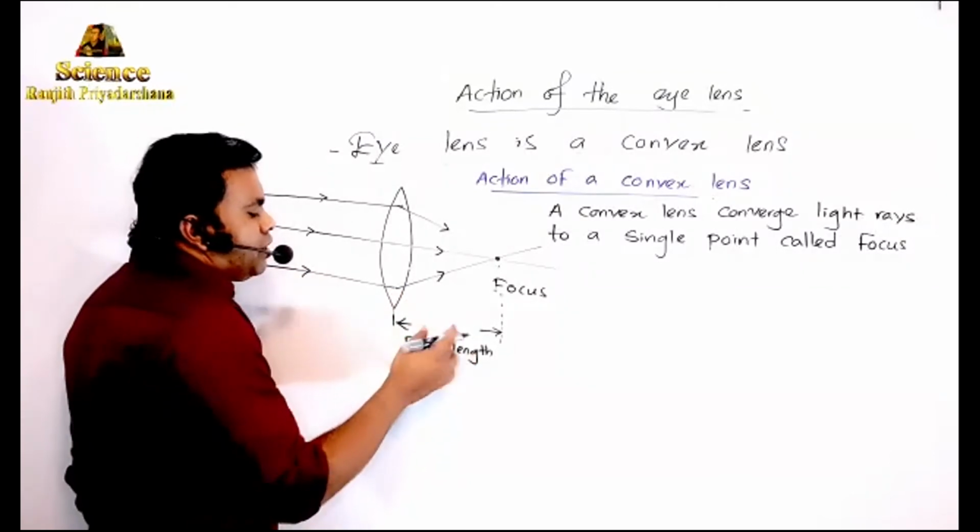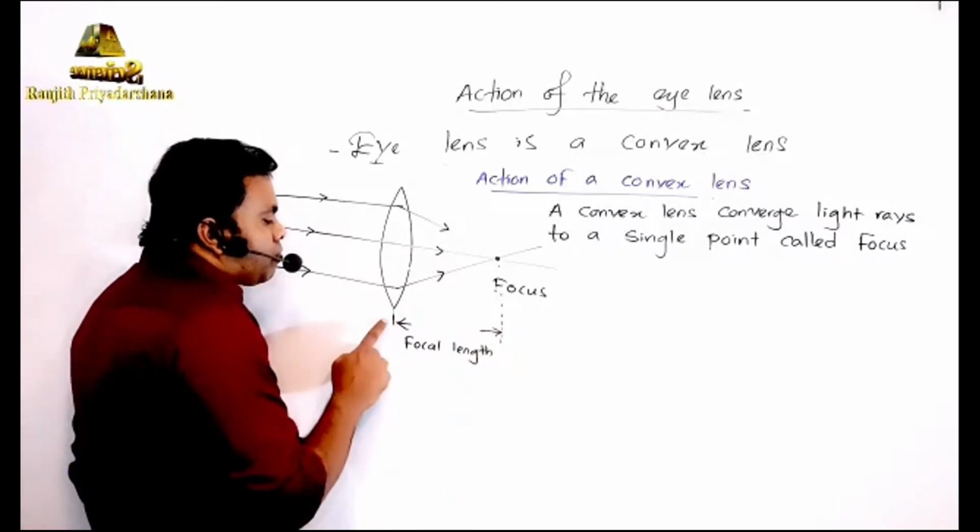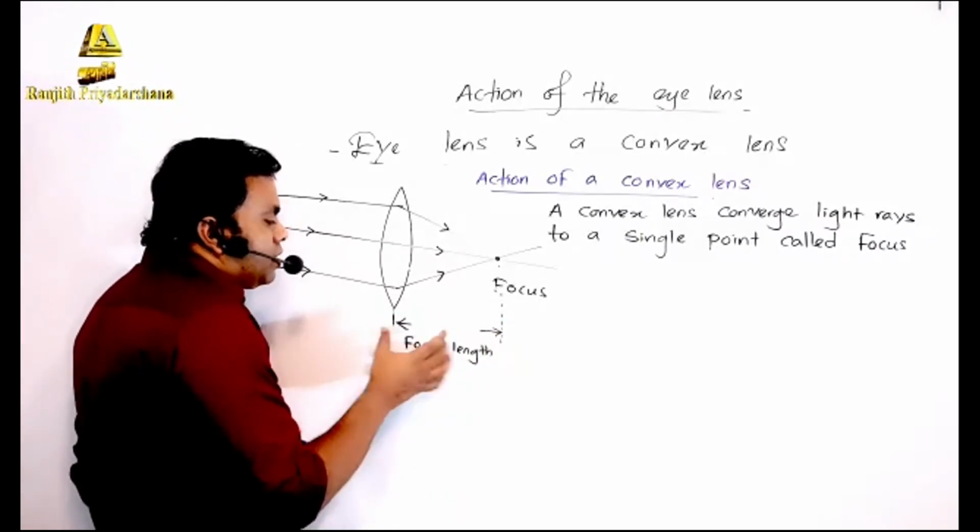The gap between the focus and the plane of the lens is called the focal length.